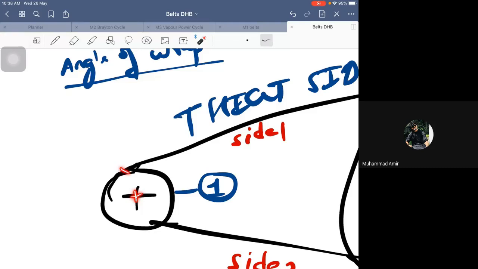It starts from here, continuously touches, and leaves the pulley here, correct? Now, if I measure the angle between these two points, this is known as the angle of wrap of the smaller pulley. Getting my point? All of you understood what is meant by angle of wrap?